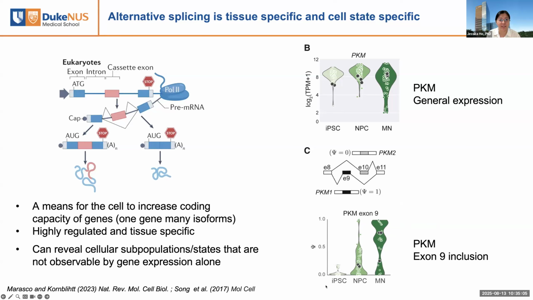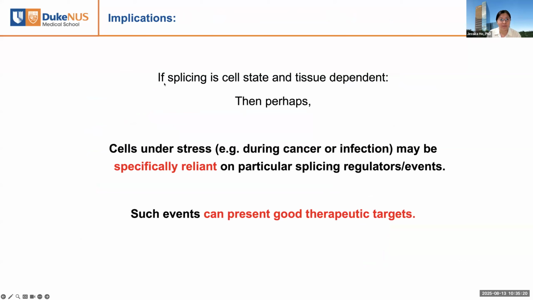So which brings me back to the central hypothesis in the lab. So what we are trying to do now is, if splicing is cell state and tissue dependent, then perhaps one prediction from this observation is that maybe cells under stress, either during cancer, oncogenesis, or during infection, could actually be very specifically reliant on very particular splicing regulators or events, for them to maintain or prolong that cellular state, or to exit from that cellular state.